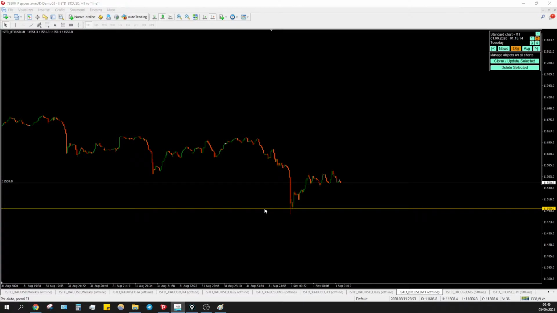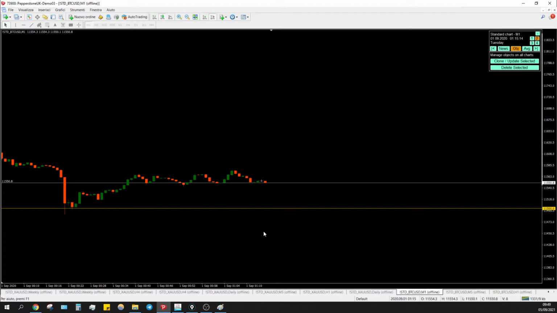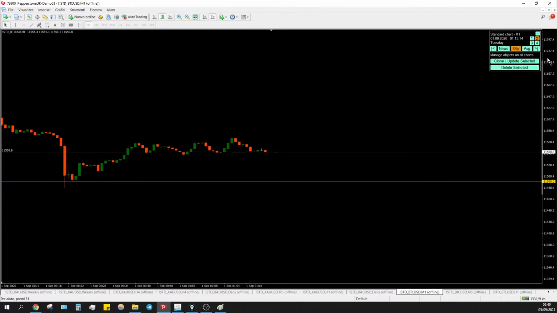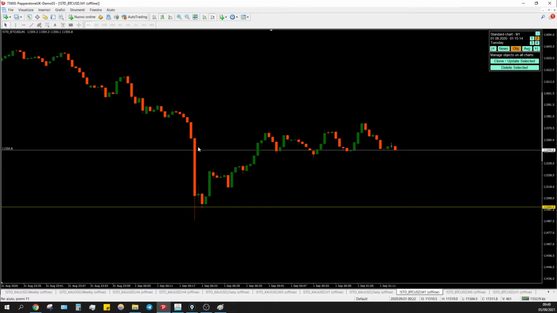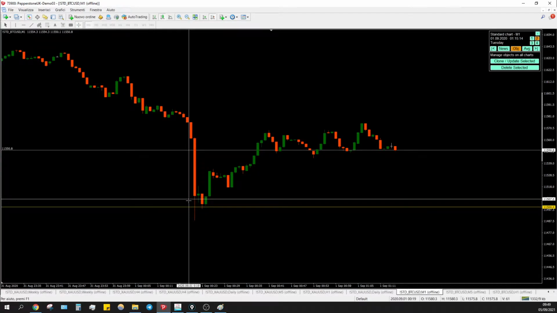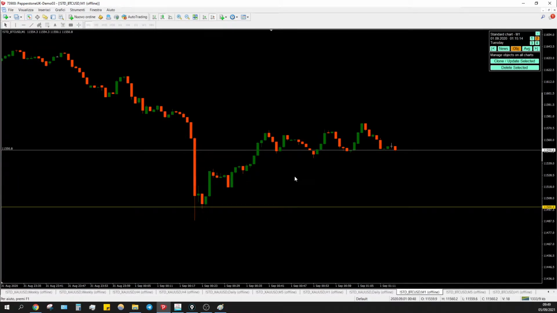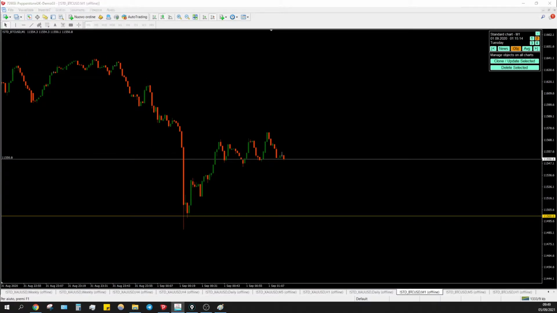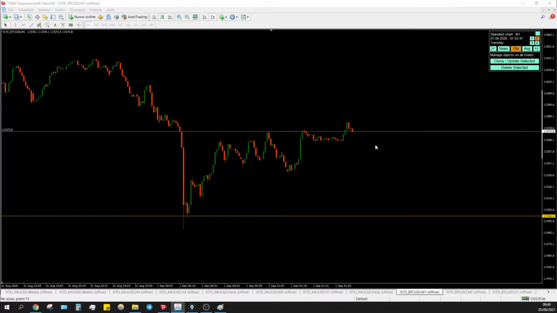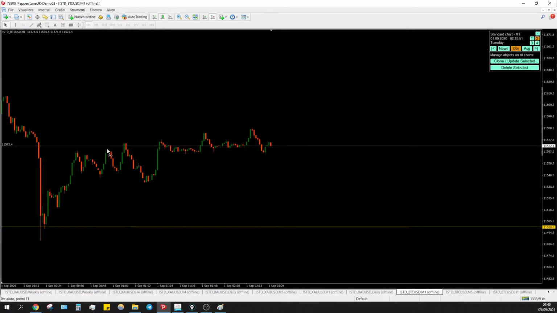You can identify that after a very impulsive bearish move, there was an immediate reaction and rejection from this price point. This is exactly what I want to see for the 1 minute scalping.